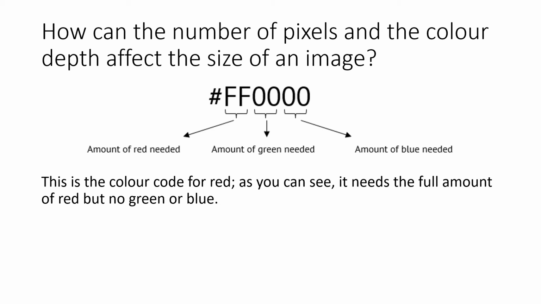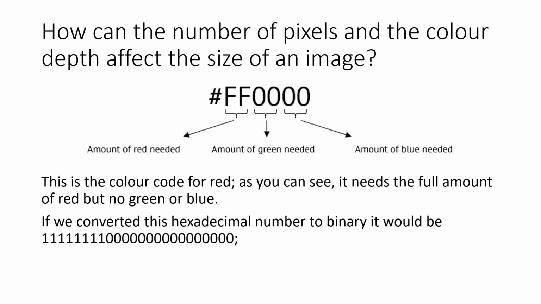If you wanted to convert that to a binary number, well, what is F? That's 15. What's 15 in binary using 4 digits? 1111. So it's FF, that's 4 ones and 4 ones, and the rest are zeros. So you're going to have a number that looks like that if you converted it.